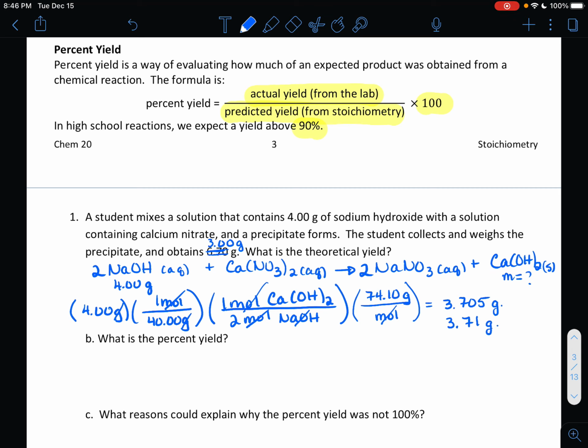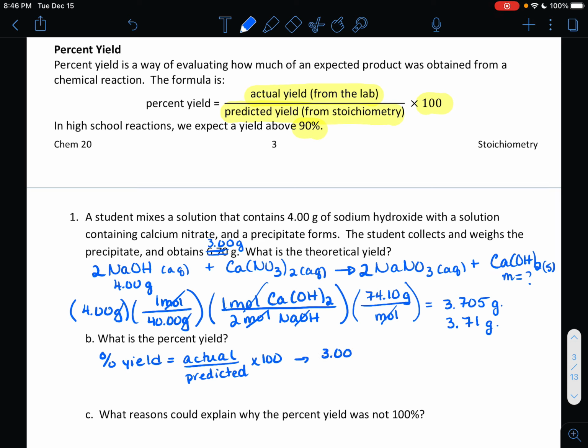Now, the next part is the percent yield. And so what I'm going to do is substitute the numbers that I have from my question into the percent yield formula. So percent yield is actual over predicted times 100. And you can see from the question that what the student actually got in the lab was 3 grams.